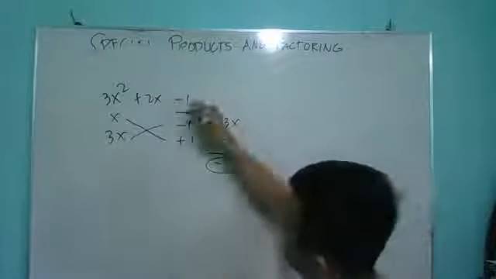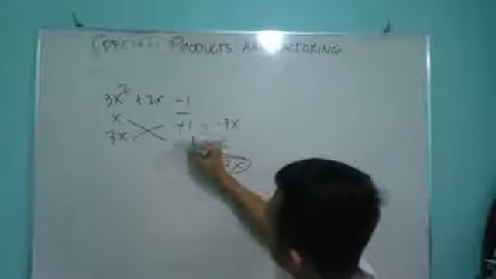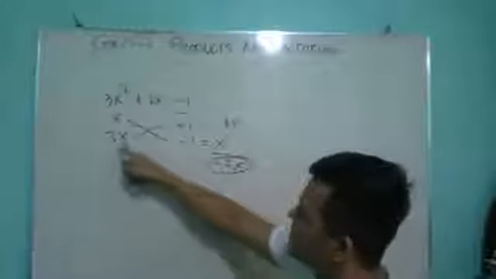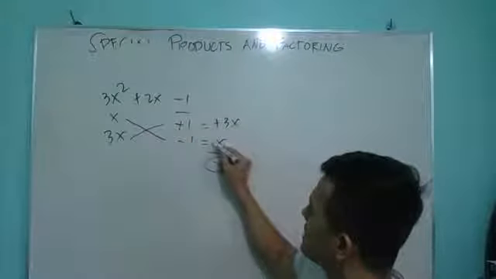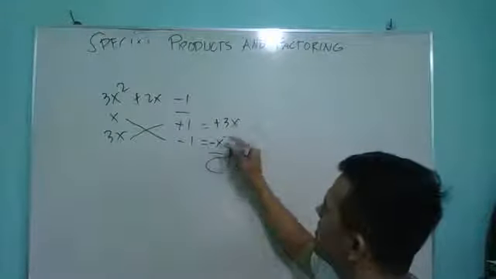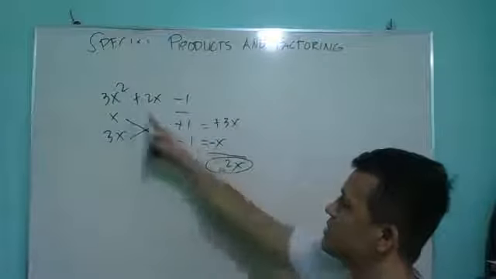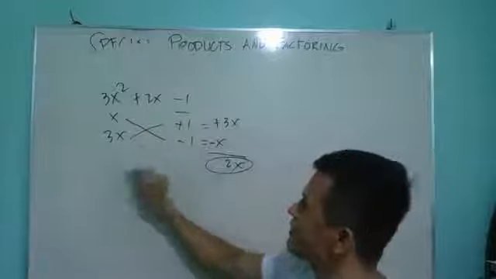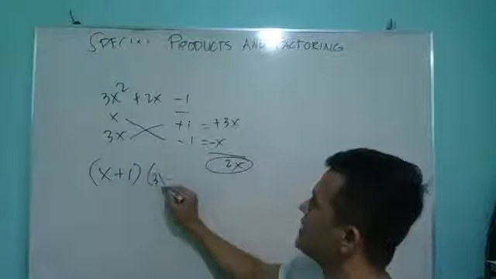Next one. If we change the signs, we have positive and negative. So 3x times positive 1 is positive 3x, and x times negative 1 is negative x. Adding them, positive 3x minus x is positive 2x, which is the same as the middle term. So our factors would be x plus 1 times 3x minus 1.